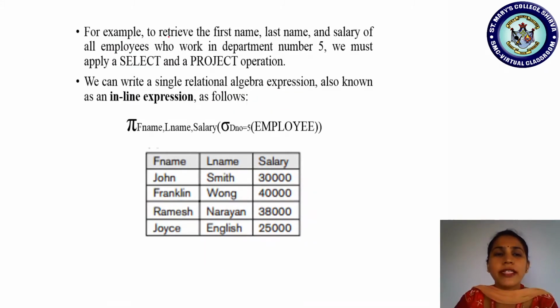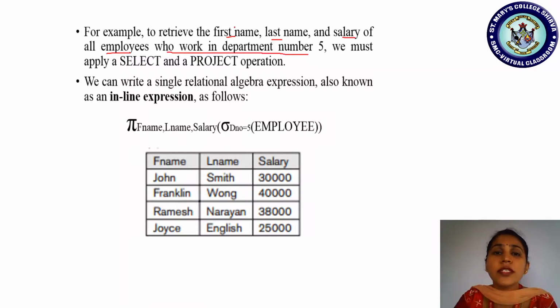Okay, so how to do this? Just check out here. For example, to retrieve the first name, last name and salary of all employees who work in department number 5, we must apply a select and a project operation. So what is the query now? They are asking to display the first name, last name and salary from employee, of all employees who work in department number 5. They are not interested in all the employees of a company.